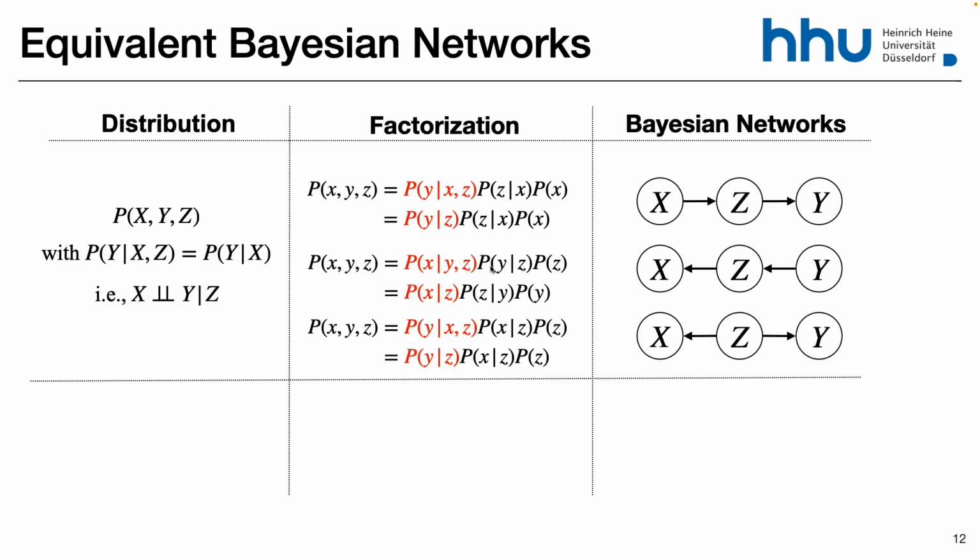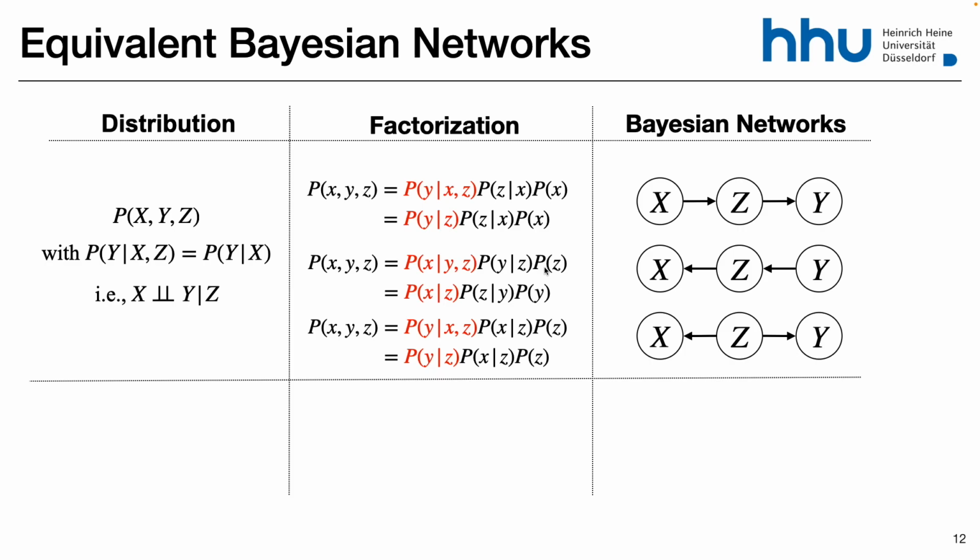I should have Z, Y here, because that's exactly what I wanted here. The order should be X, then Z, then Y. I'll fix it later. But it's correct. So 3 different factorizations giving me 3 different graphs.